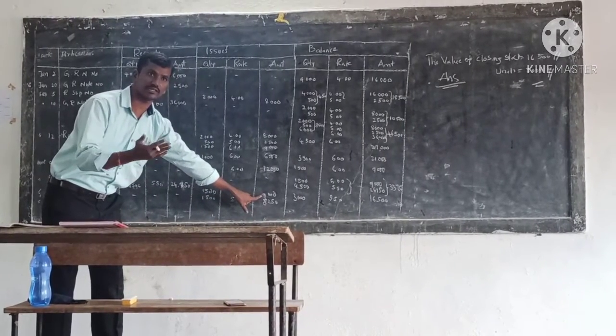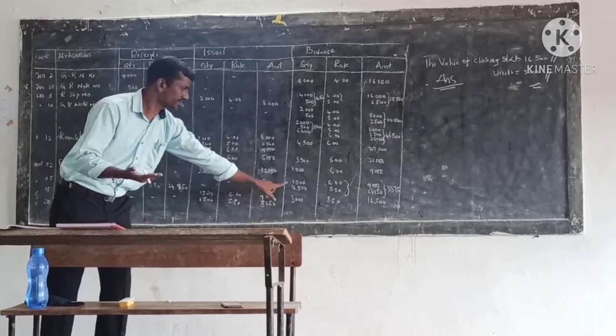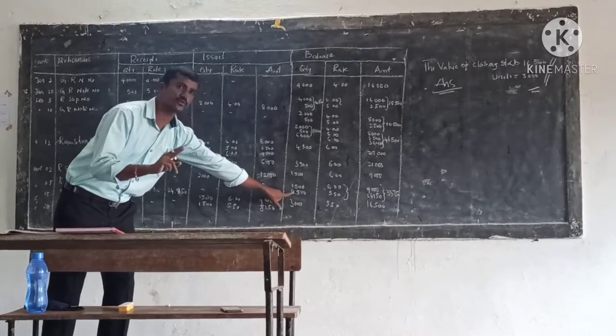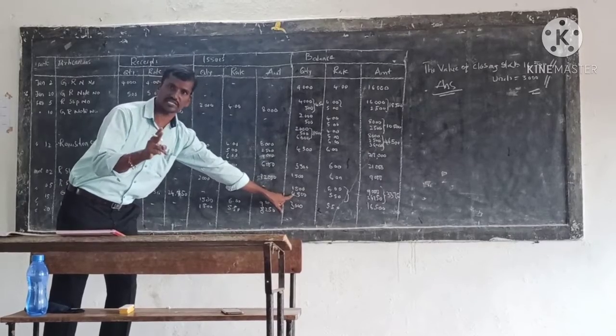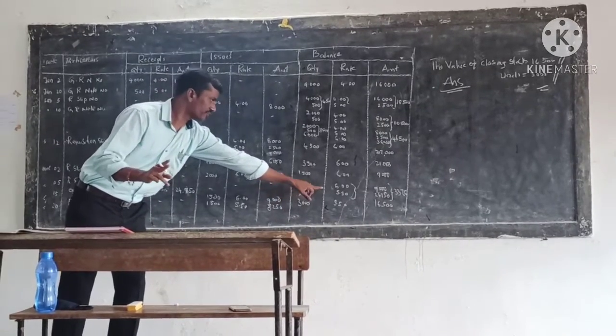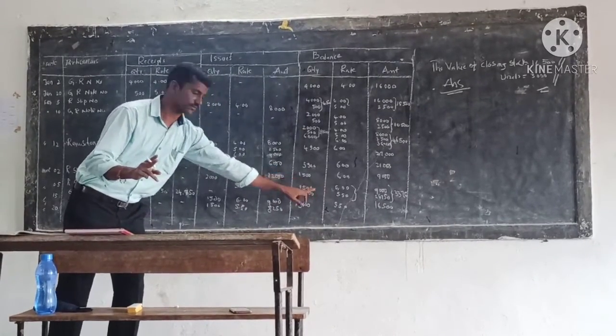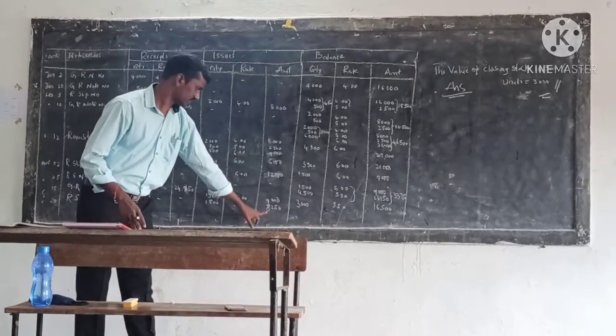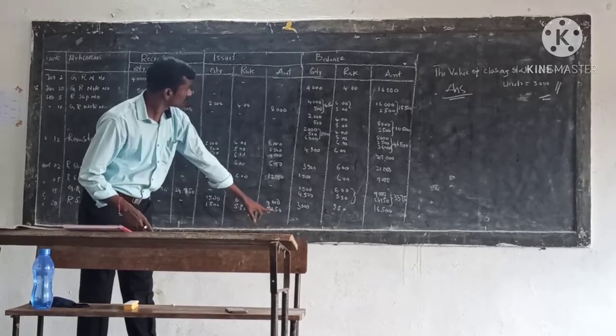What is the remaining amount required? 1,500. 1,500 has to be taken from the 4,500 units. So that's why we have to take the 5.50 rate. Then the total is 9,900, 8,250.